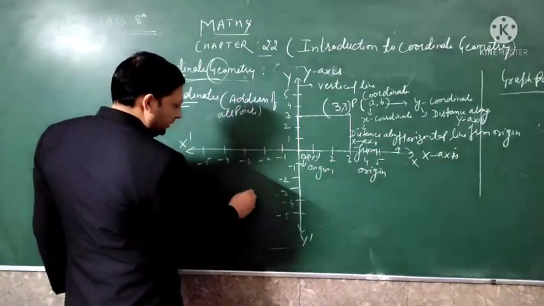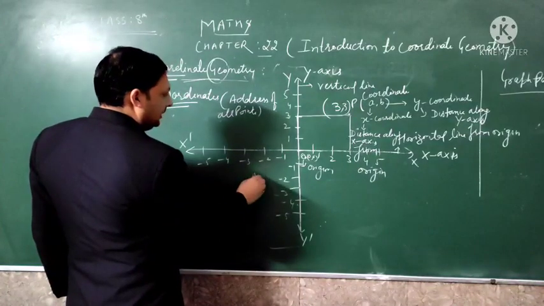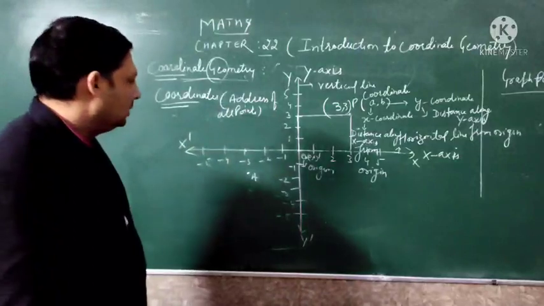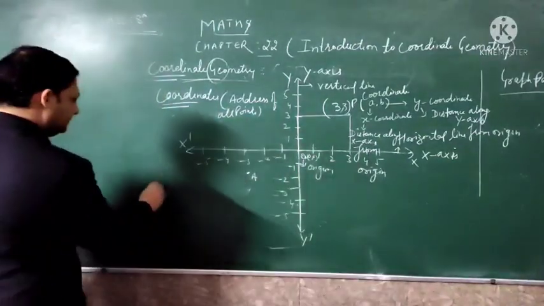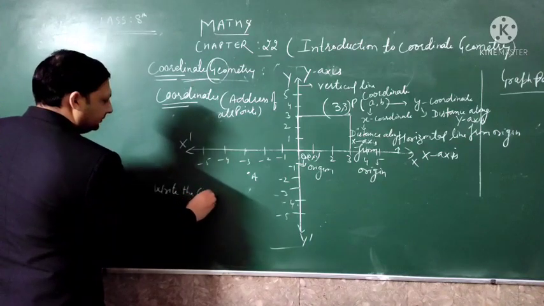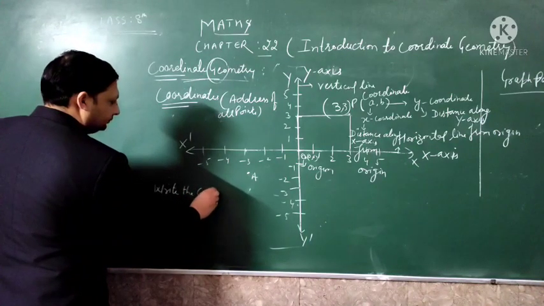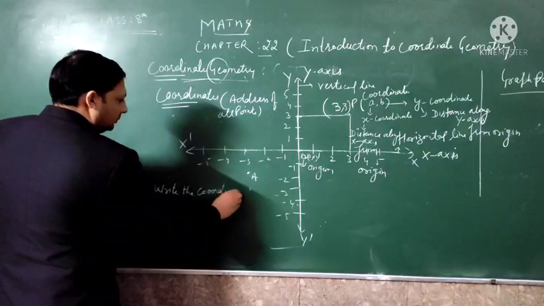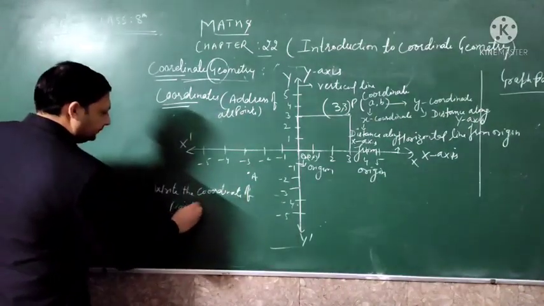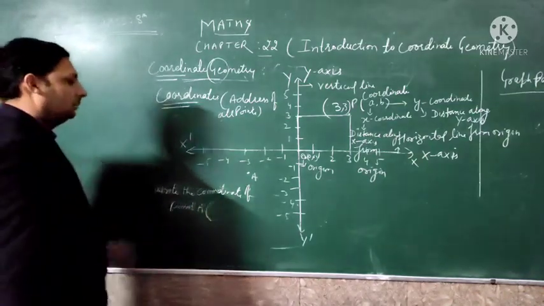Suppose I have taken point A. Point A here. Write the coordinate of point A. What is the question? Write the coordinate of point A. So see, what is the answer?